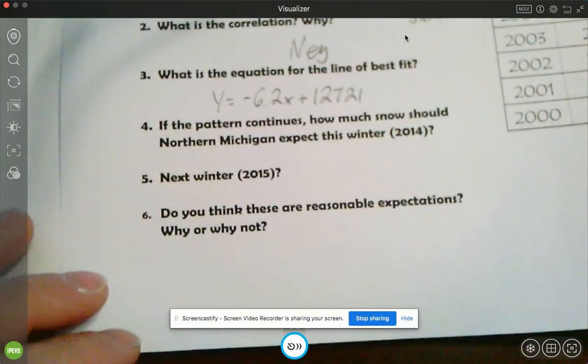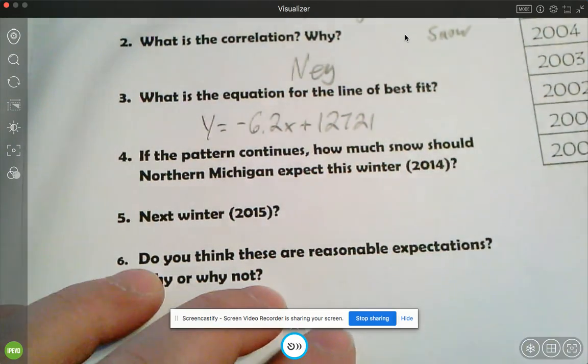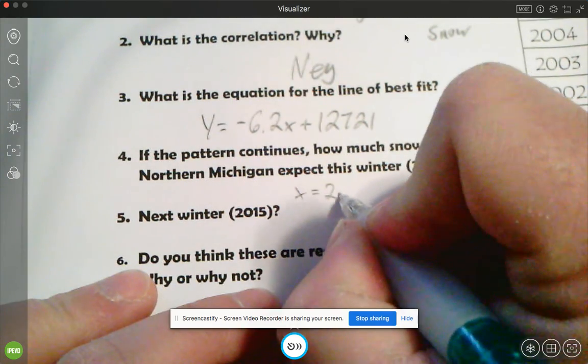All right, so now let's go back to my paper and start doing the math now that we have the equation, and we can do some predictions, okay? So hopefully this all makes sense. This is the part I felt like the last week or two that people were struggling with when I saw their answers on Google Forms: making accurate predictions, or using this equation to make a prediction. So again, years is our x value. So x equals 2014.